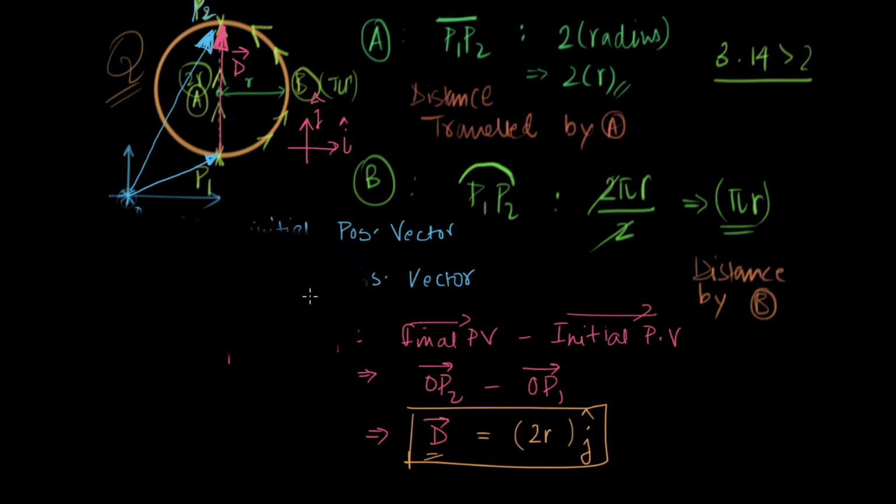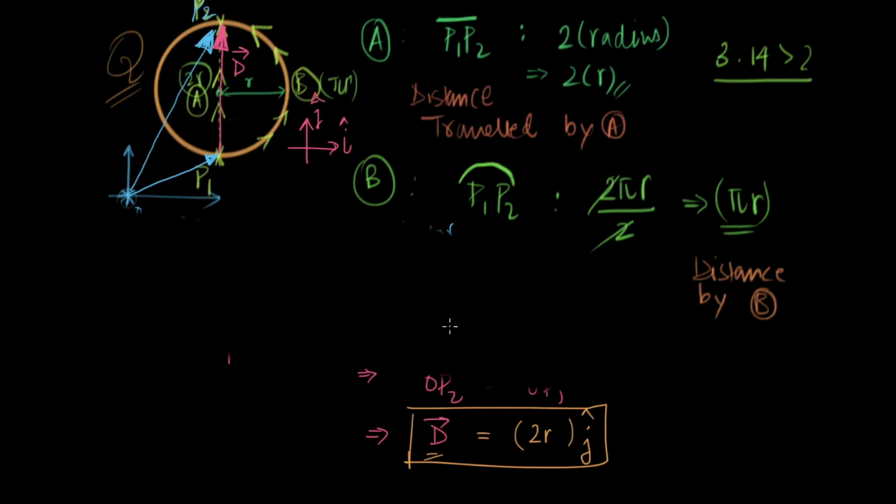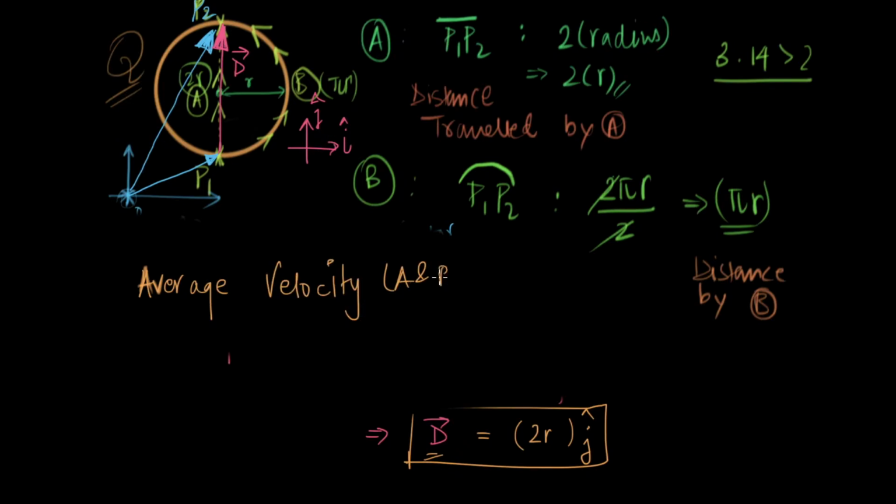And how do we know the average velocities? Well, in order to do that, let me get rid of this for the moment. Average velocity. Now this is the average velocity for A and for B, would be the displacement vector divided by the time taken.